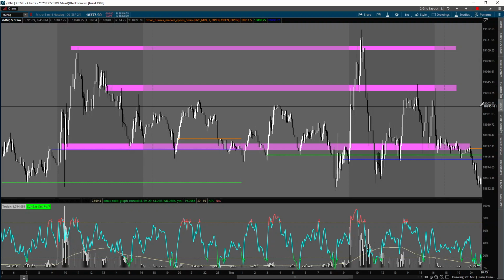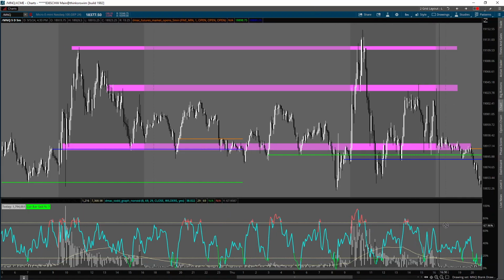Okay, so it is obviously more complex than the way I'm presenting it today. But if you can look at a chart and understand supply and demand levels, then you are already ahead of most and you can make money.